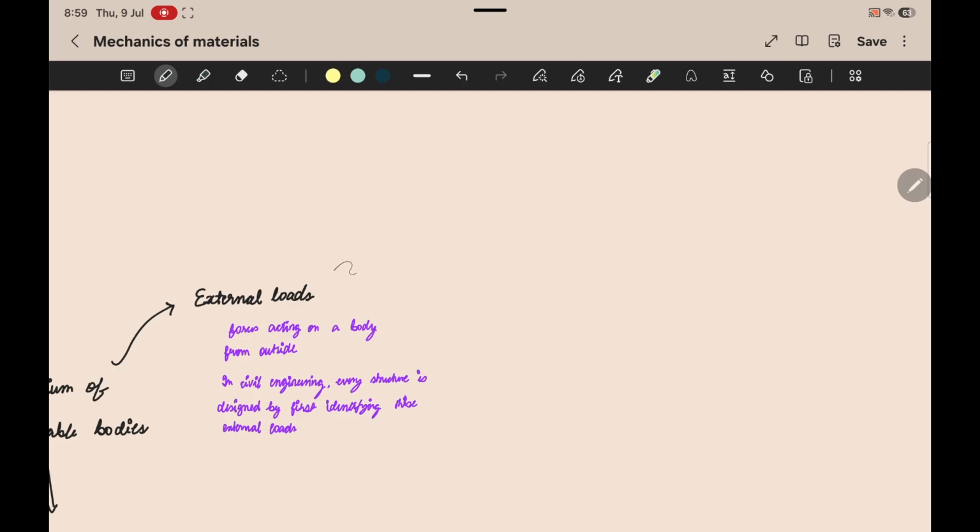These external loads are mainly of two types. One would be the surface forces, I'll explain it in a while, and the other would be the body forces.